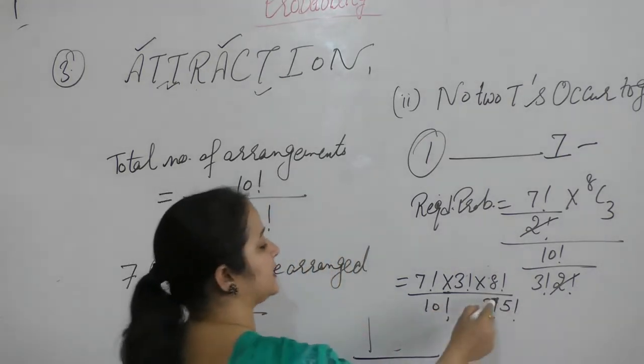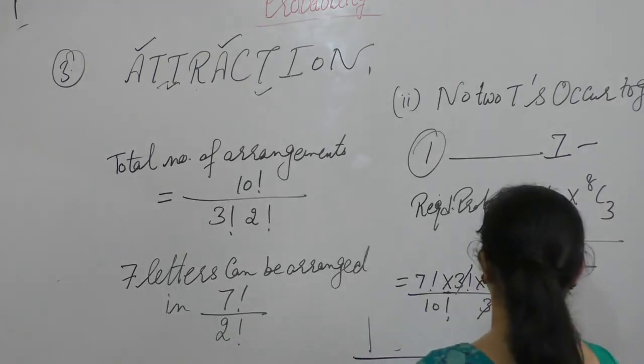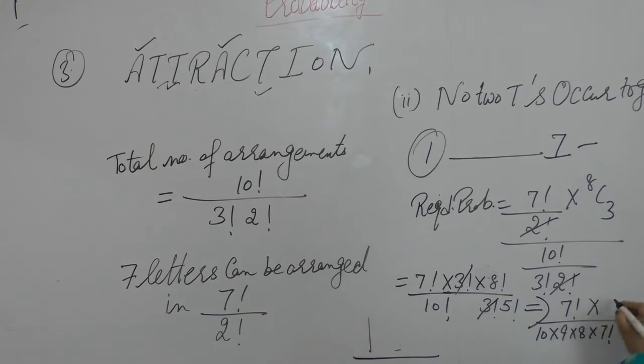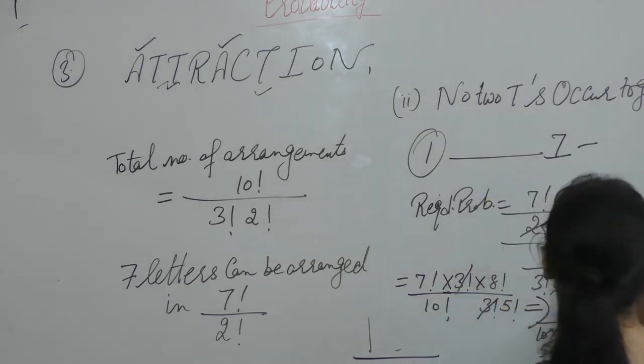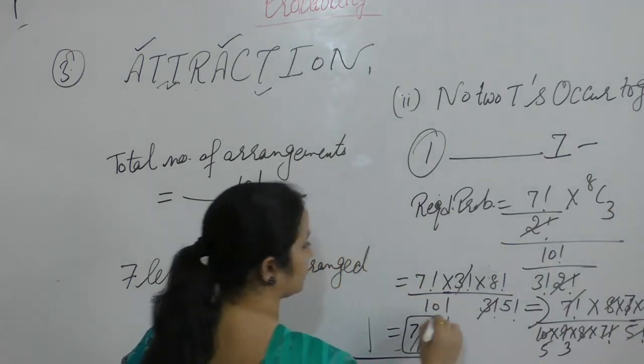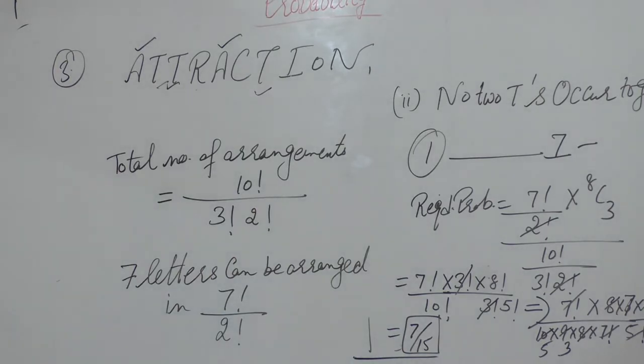Now we have to solve this. 3 factorial will get cancelled, 7 factorial, 10 into 9 into 8 into 7 factorial, 8 into 7 into 6 into 5 factorial upon 5 factorial. It will get cancelled. The answer is 7 by 15.